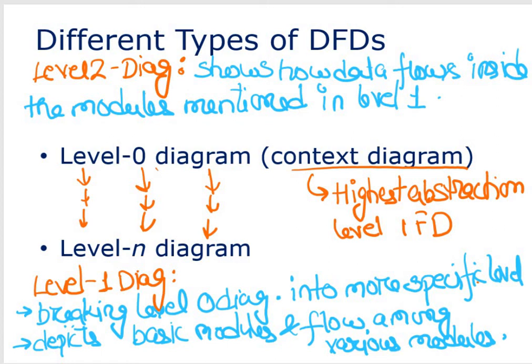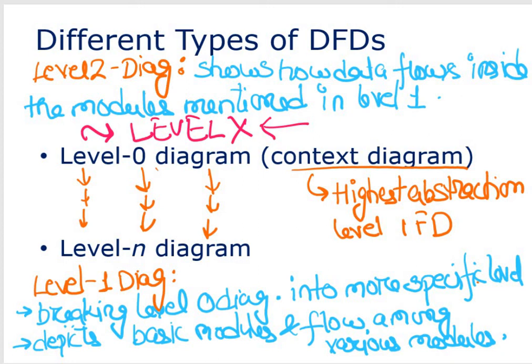Right, that means the ultimate aim is to reach to a particular level X. So it can be your 1, it can be your 2, or it can be your 3. And this particular level X is giving me the specification which I actually wanted.